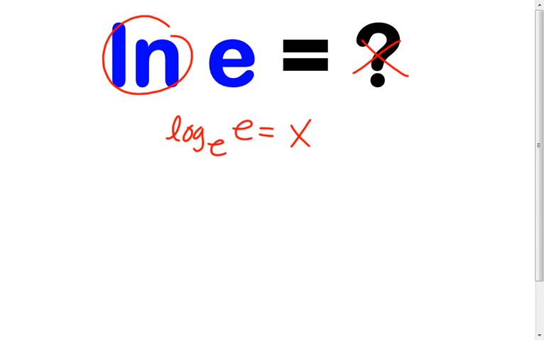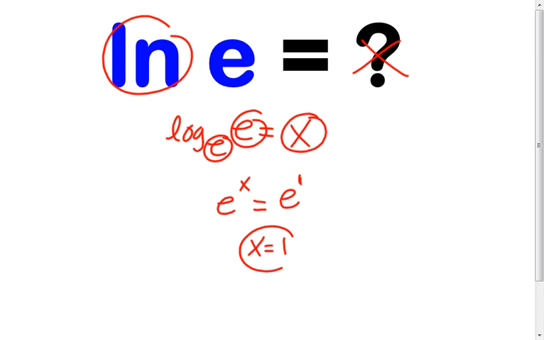Well, if you switch this from logarithmic form to exponential form, here's your base, here's your exponent, and here's what it's equal to. So obviously the only way that this is going to be equal, this is a 1 right here, is if x equals 1. So the natural log of e is always 1 every single time. Not a question, don't need to worry about it.